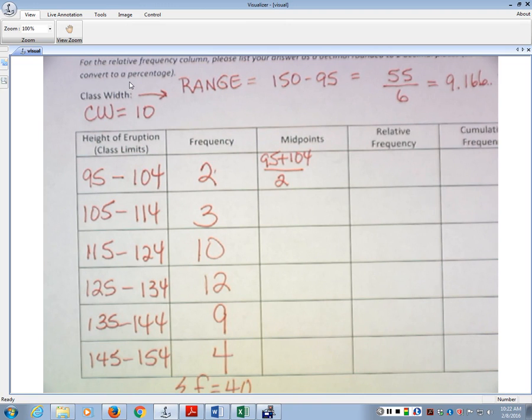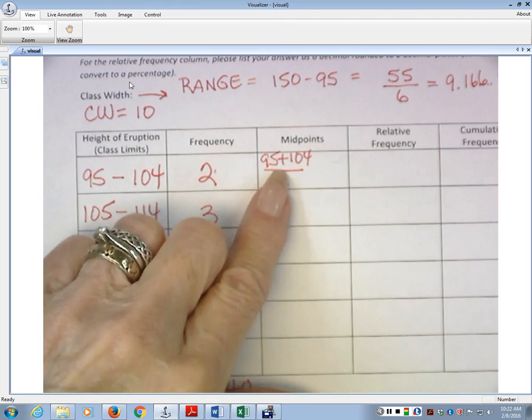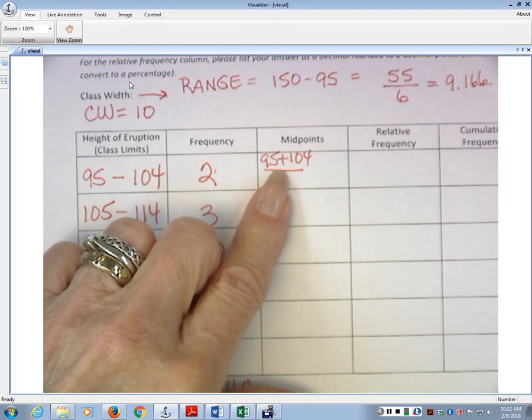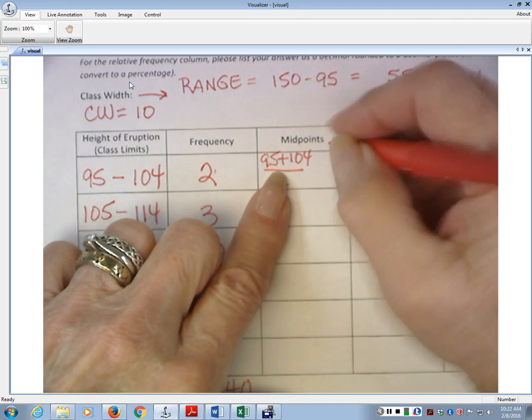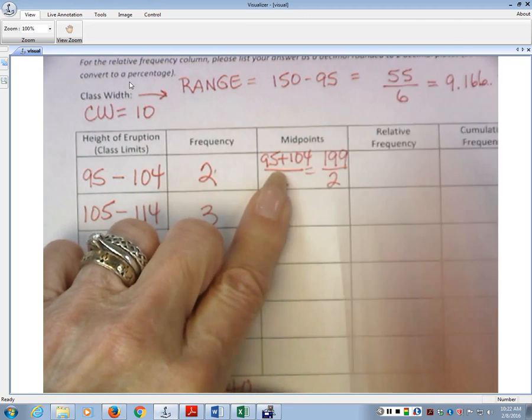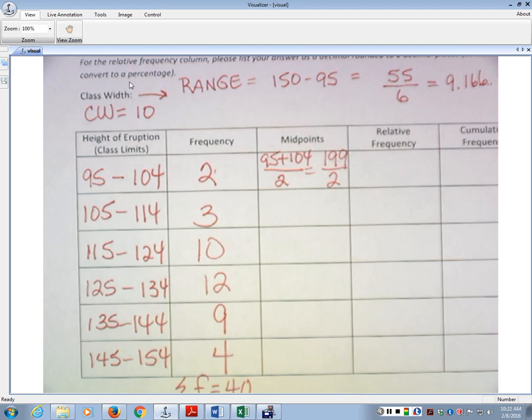So it's going to be between the fifth and the sixth number. Well, 95 plus 104 is how much? 199. Okay. And 199 divided by 2 is 99.5. Okay.